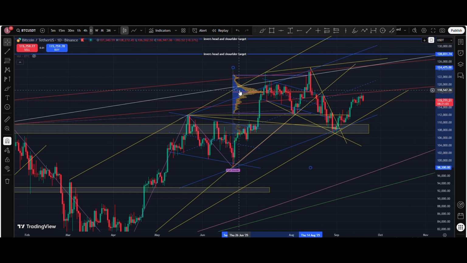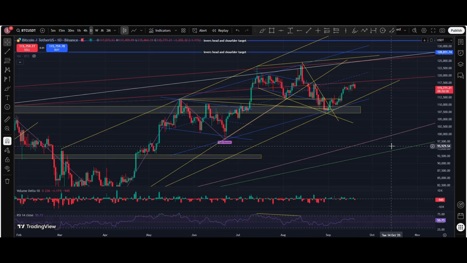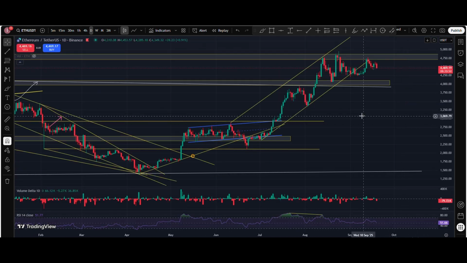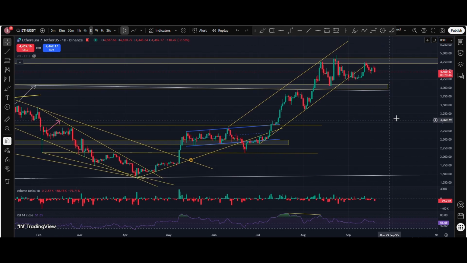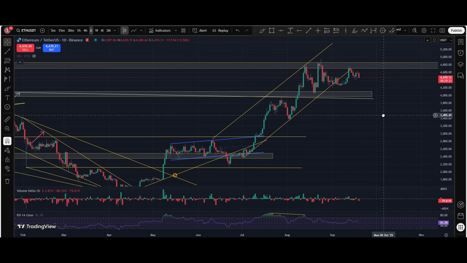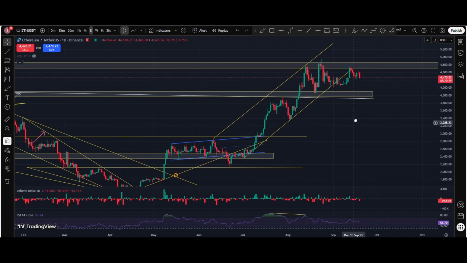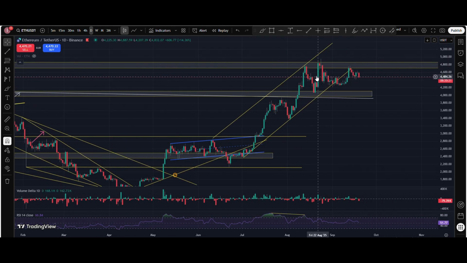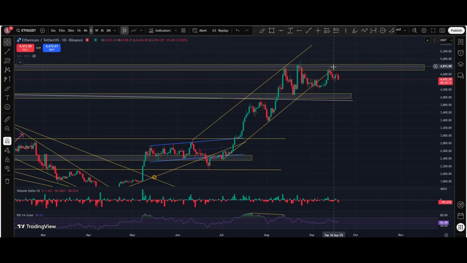So now we can delete the volume profile, and next we can move to the Ethereum chart. Actually, Ethereum is a bearish chart. Ethereum is very bearish. There is a huge resistance area, and the market reacted to this area 3 times, and the market is coming to this level.